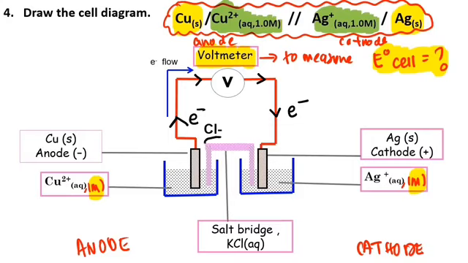Cl minus flow to the anode, while K plus flow towards cathode. Boleh? So, markah penuh kat sini dapat 3 markah untuk drawing of the cell diagram ataupun drawing the galvanic cell.